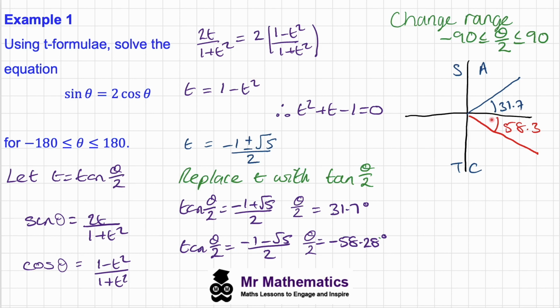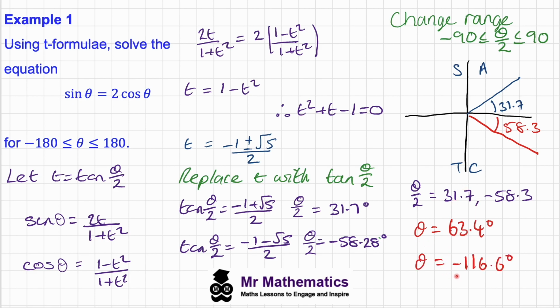And for the negative solution, if we go beyond this quadrant, again we go out of our range on this side. So our solutions are when theta over 2 equals 31.7 and negative 58.3. To work out theta, we need to multiply both sides by 2. So our solutions are theta is 63.4 and theta equals negative 116.6.